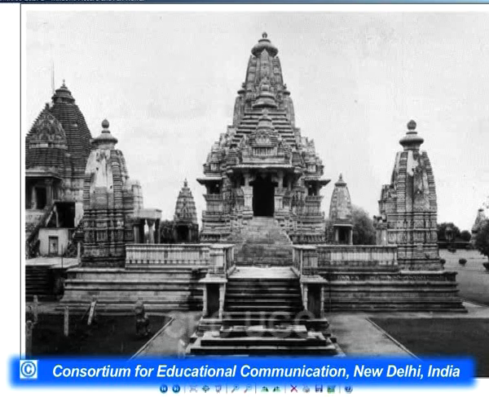It is made on a large adhisthana or Vedika, and the Vedika itself is richly decorated with beautiful sculptures. In the four cardinal directions there are subsidiary shrines, which make clear that this is undoubtedly a Panchayatana style of temple. Then we find that five major sections emerged in the temple.